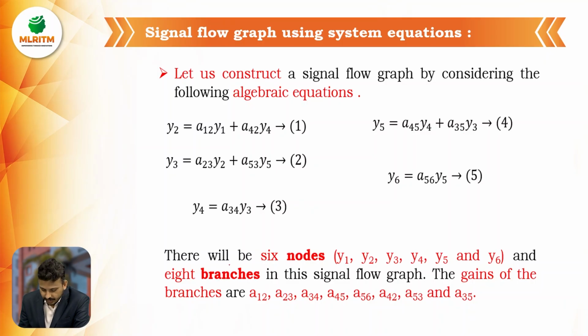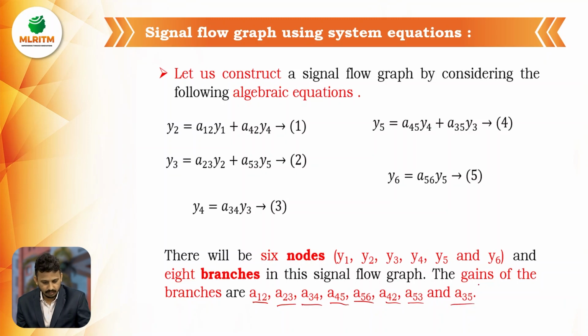There will be 6 nodes, y1, y2, y3, y4 and so on to y6, and 8 branches in the signal flow graph. The gains of the branches are a12, a23, a34, a45, a56, a42, a53 and a35.